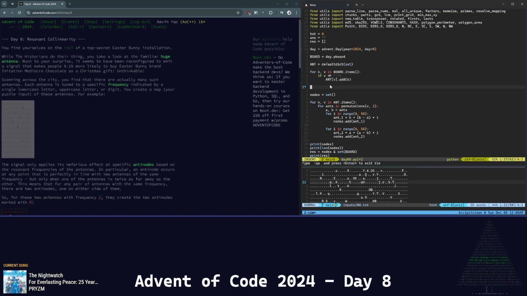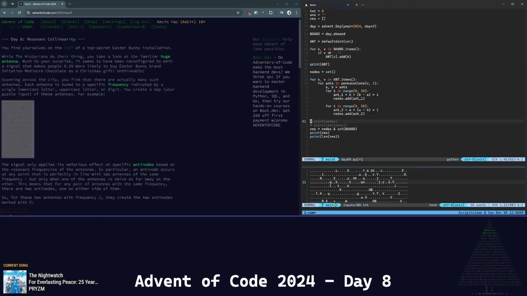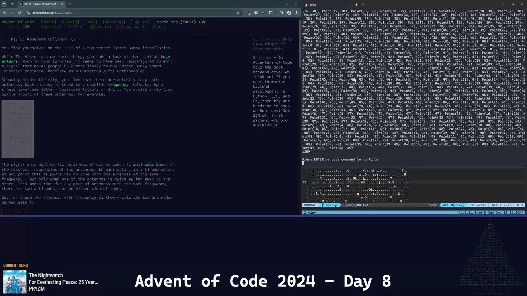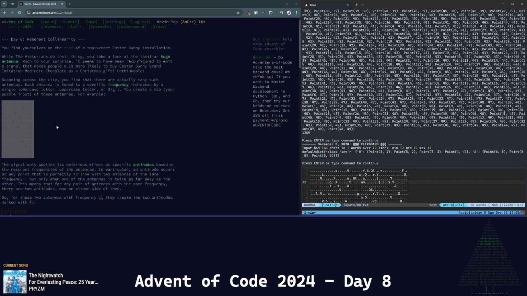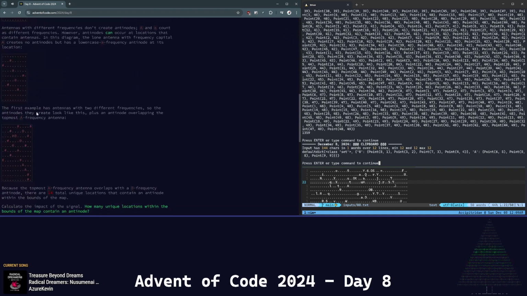And if we print out ant, let me just remove some of these things. I'm mapping like all the 0 antennas to their different points, all the A antennas to their different points, etc.